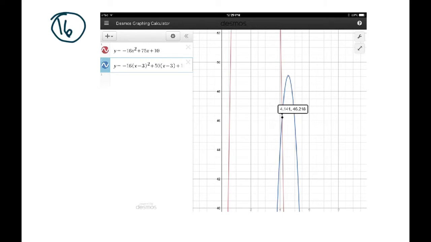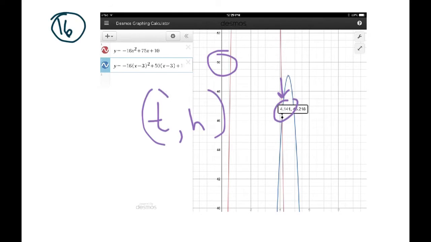My graph, I needed it to go up to at least 50 for the y maximum, and then I was able to find that the point of intersection is at 4.141 seconds. How do I know which answer I'm looking for? Well, the input was t and the output was h, so t must be your x.